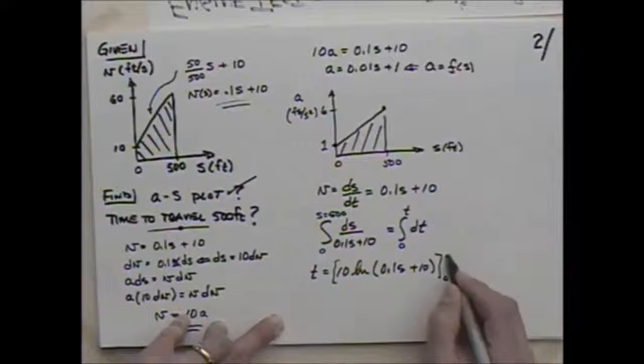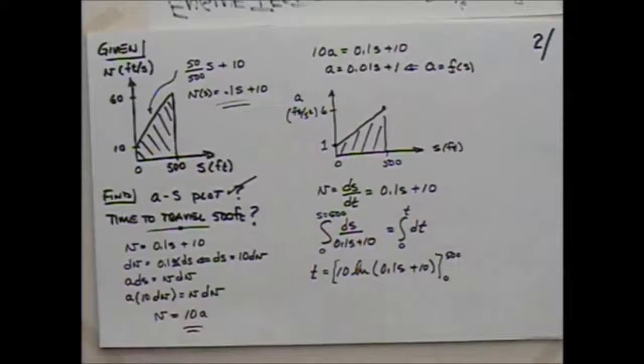at 0 and 500. I mean, you could put that into a computer algebra system or something, but I think most of you are close enough to your math. You remember that that turned out to be a logarithm.